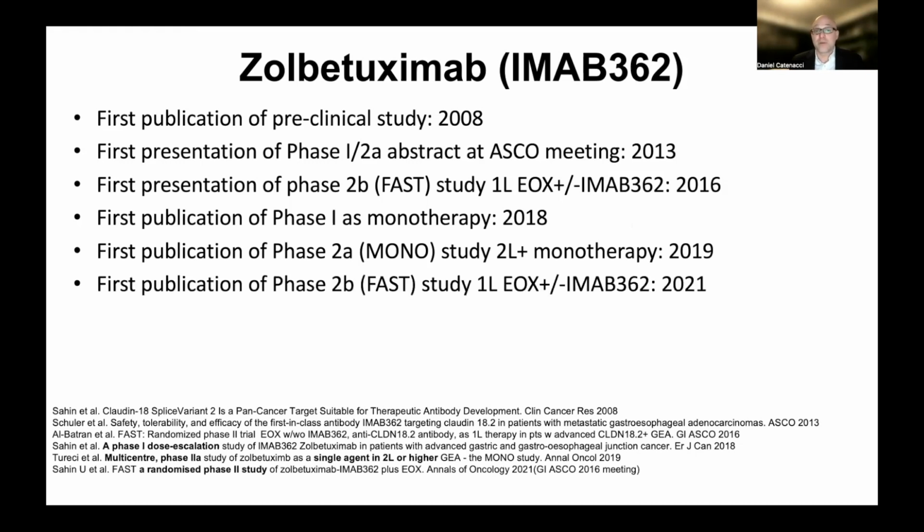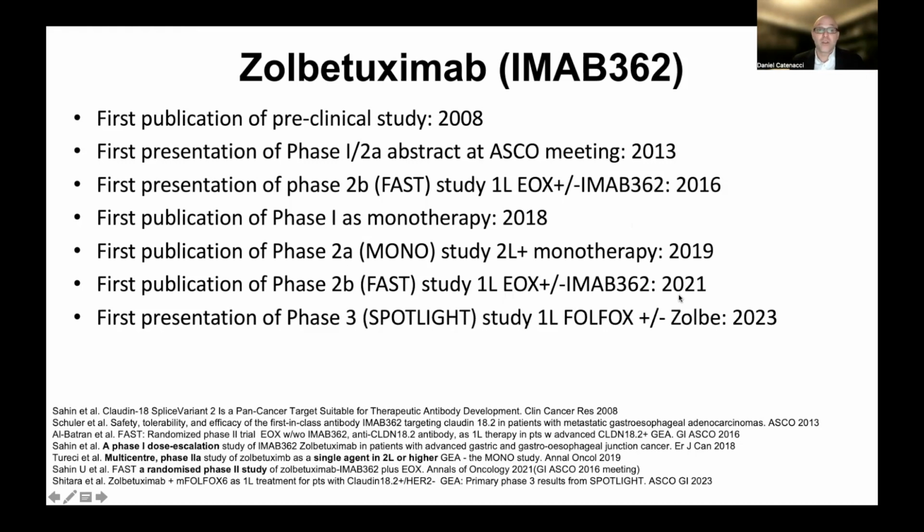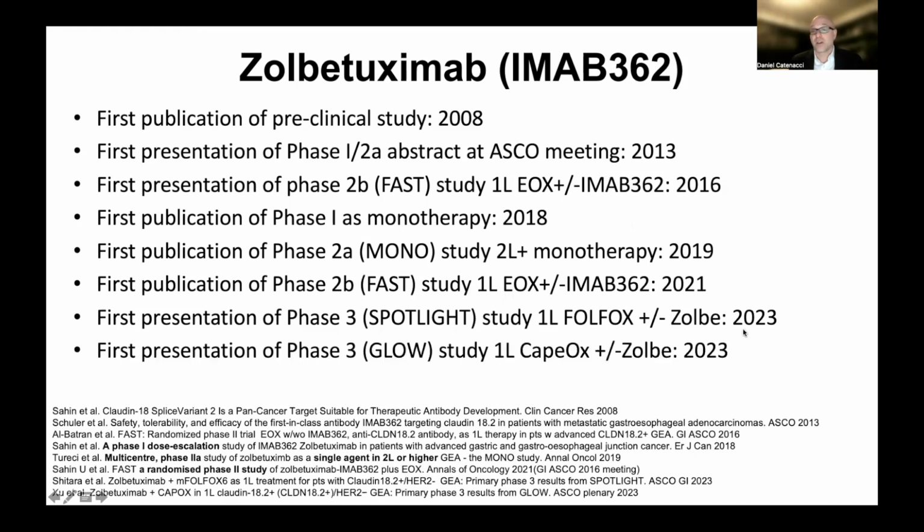And then the randomized phase 2b FAST study was published in 2021, just recently. And then the first presentation of the phase 3 study called Spotlight was in January of 2023 at GI ASCO. And then the GLOW study was reported just last month in March of 2023.